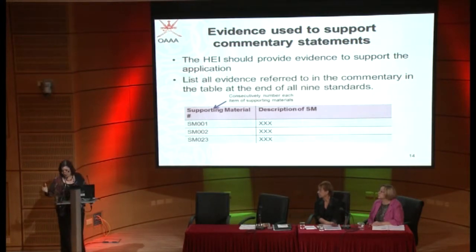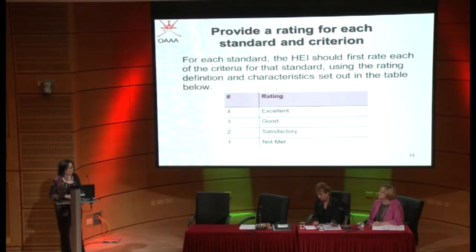It's always a challenge for the Quality Assurance Office, but from the panel's perspective, the more systematic we can be, the easier it is for them to navigate the evidence.